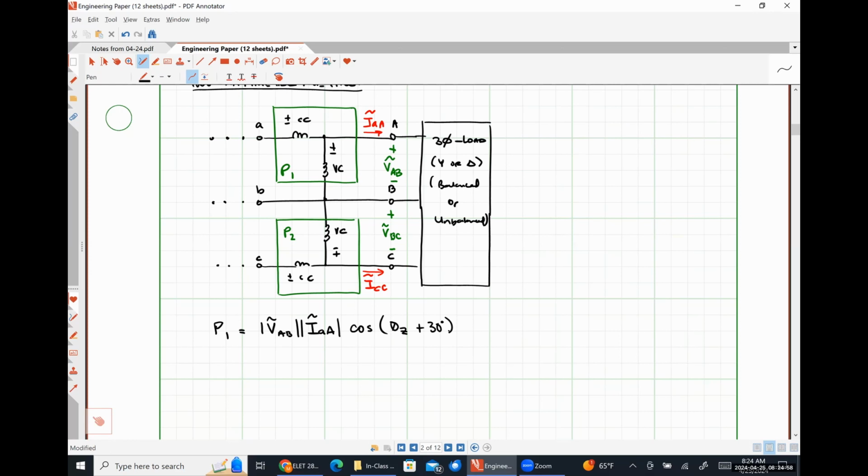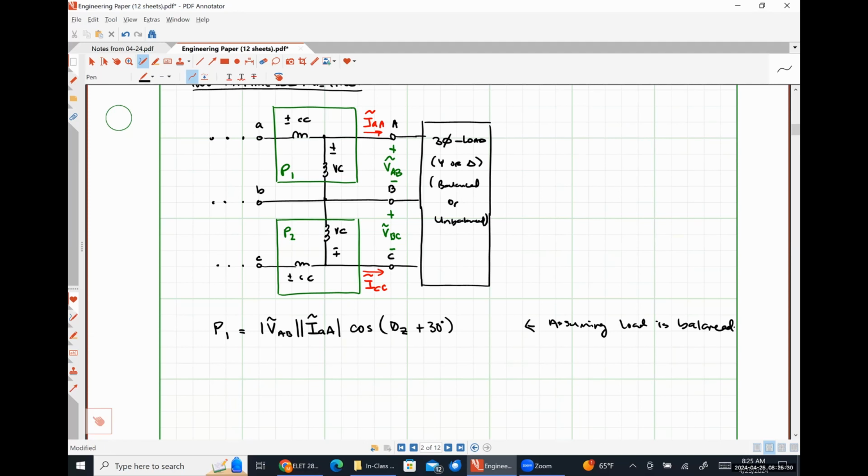And we are making an assumption here that the load is balanced, okay? The reason why I'm explicitly saying that we're making that assumption here is because that 30 degrees there is only true when it's a balanced system. So let's just talk very briefly about where that 30 degrees effectively comes from, right?